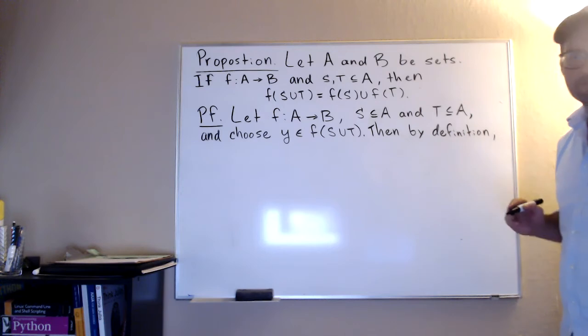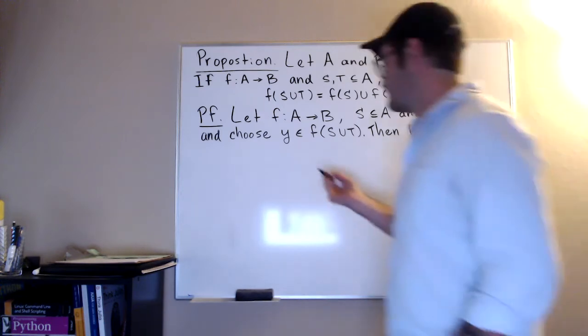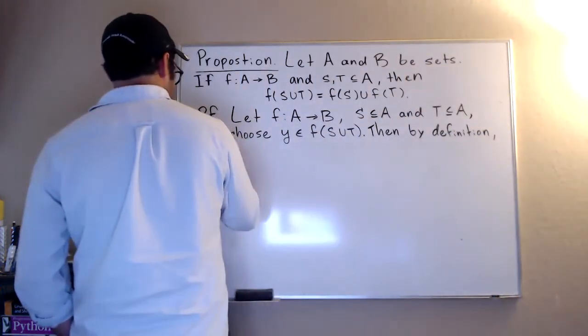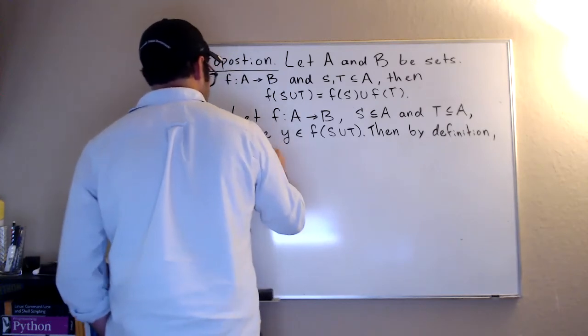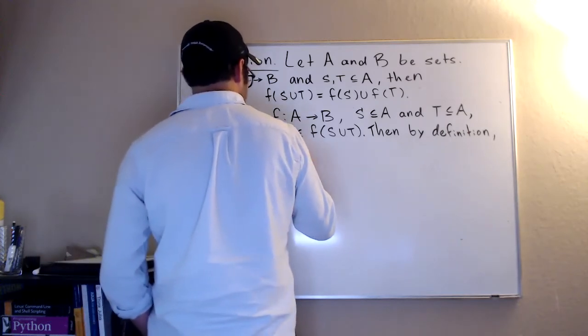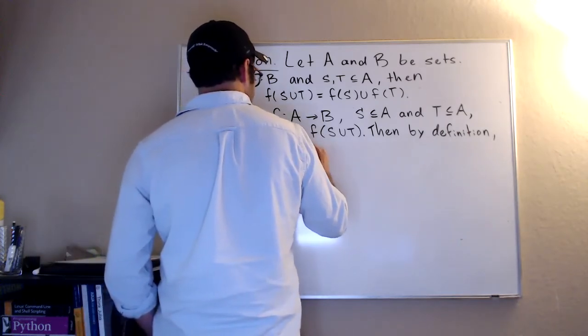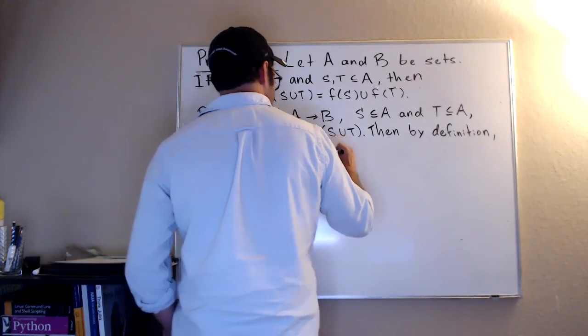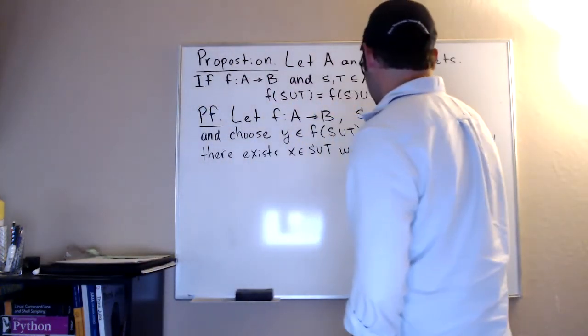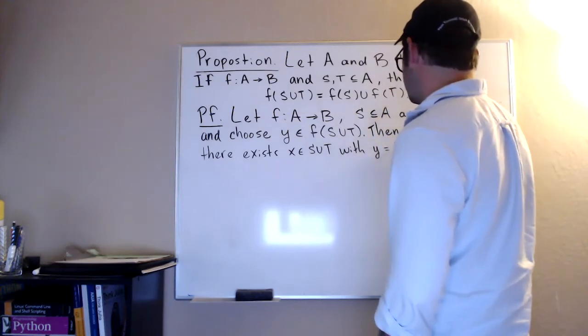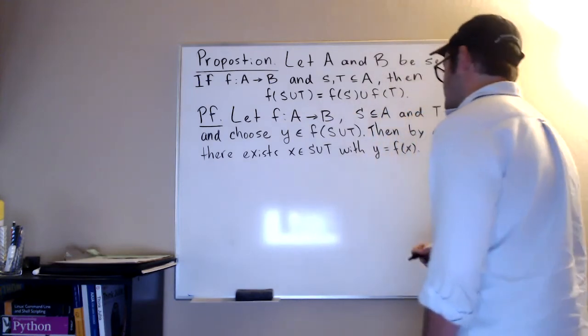So write the full thing out. So then by definition, there exists X that's in S union T with y equals f of x.